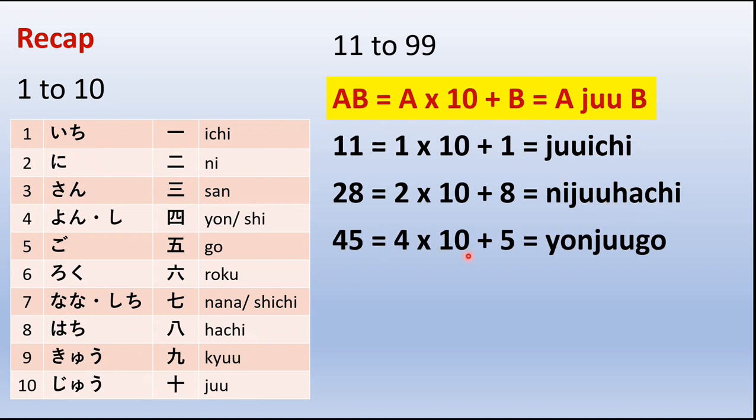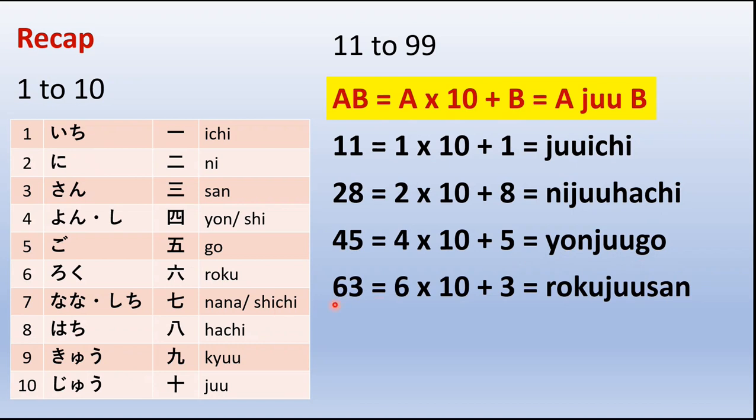45 is 4 into 10 plus 5. That is 4, 10, 5. That is Yon, Ju, Go. Likewise, 63 is Roku Ju San. Roku is 6, Ju is 10, and San is 3. So 63, 6 cross 10 plus 3, Roku Ju San. 70 is 7 into 10 plus 0, where 7 is Nana and 10 is Ju.